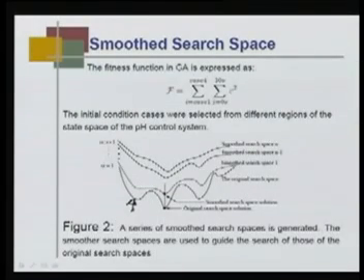When alpha equals 1, I recover my original search space, but when alpha is greater than 1, you see the search space flattening, and when alpha is very large, you see this almost flattened, which has only one minimum.